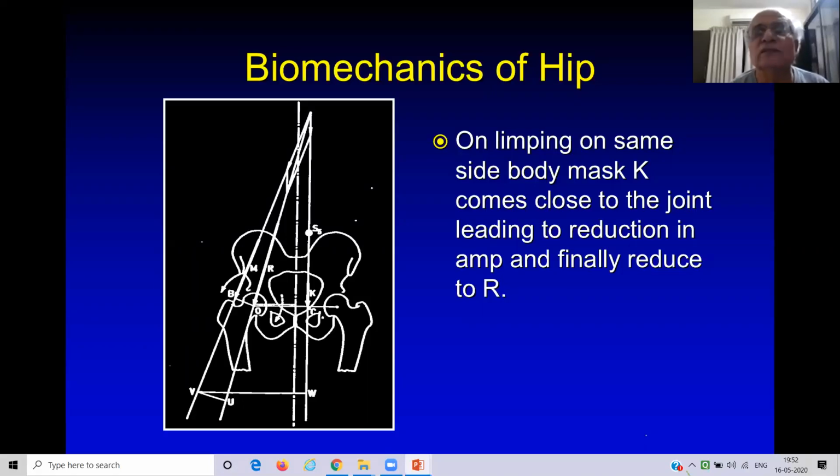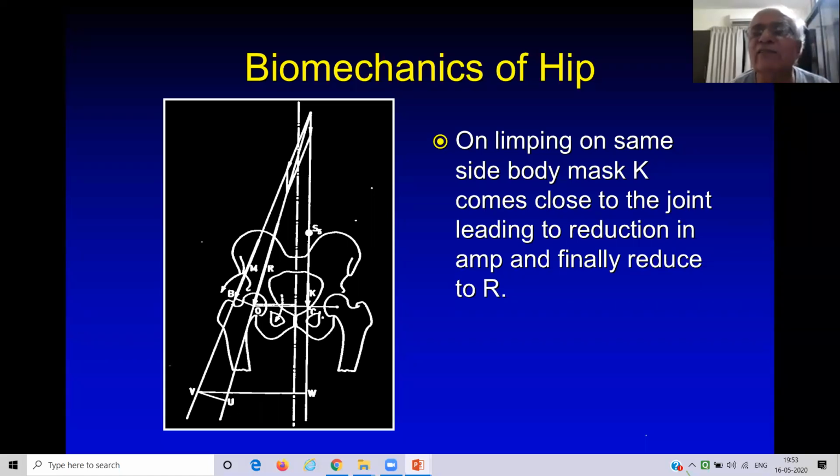Now, another important thing, on limping on the same side. The patients do a limp on the same side of the body to bring the center of gravity closer to the joint, leading to reduction in amplitude finally. Now what happens when they limp on the same side? The center of gravity moves towards that side.